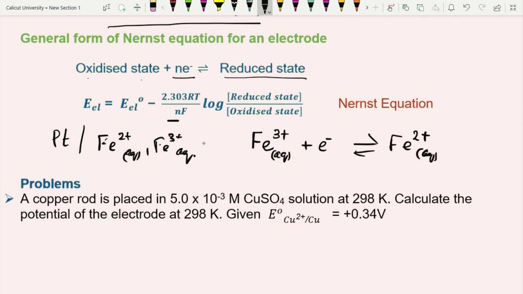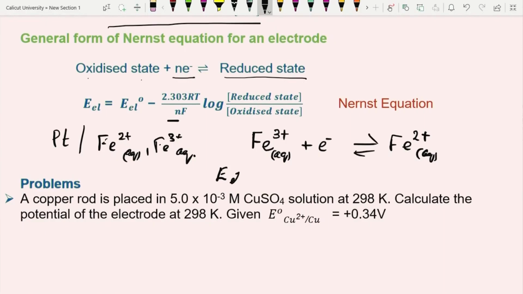Now, when we write the electrode reaction, we have seen that on both sides we have aqueous ions, and in both cases you will have to consider the concentrations. Therefore, the Nernst equation in such a case will be E of electrode equal to E naught of electrode minus 2.303 RT by nF. n is equal to 1, so I can put it as just F, log.